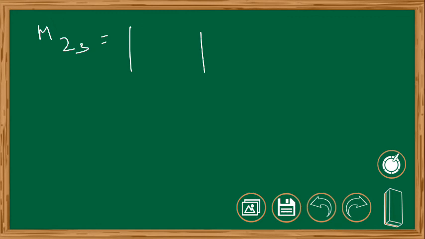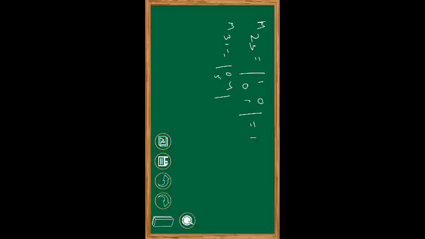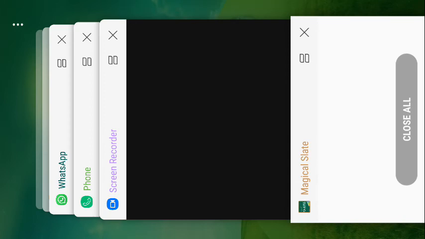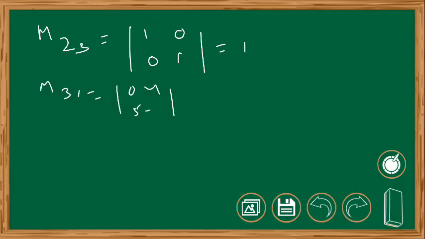I'll be left with 1 0 and 0 1, and the answer is 1. Then M31: you remove this one and it will be 0 4 and 5 minus 1. So it will be 0 minus 20, which is minus 20.